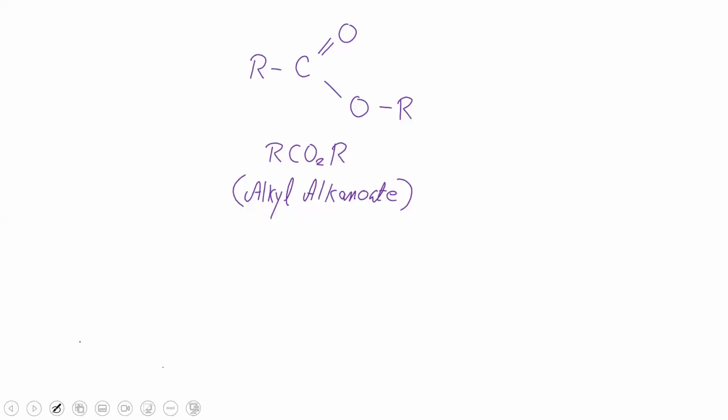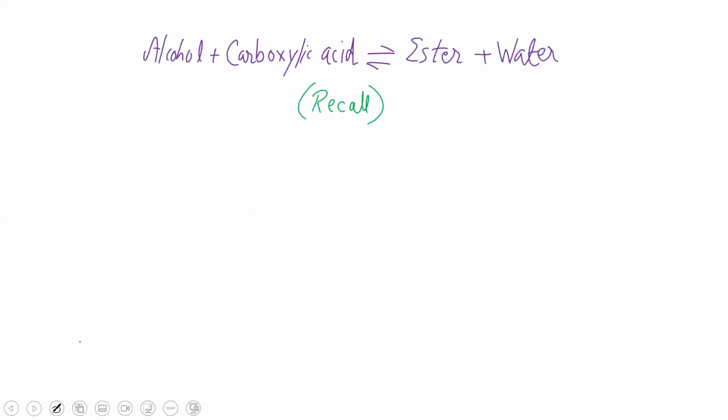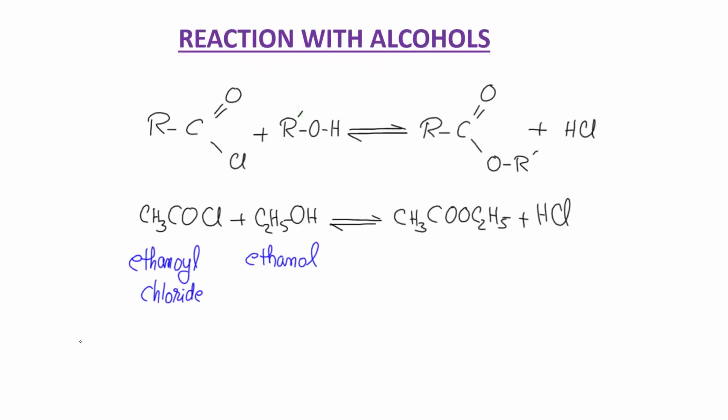Now, what is esterification? We have discussed it at least 2 times in our previous sessions, that esters are alkyl alkanoates. We know them very well. How are alkyl alkanoates formed? Look, the reaction: alcohol plus carboxylic acid gives you ester plus water. This is our memory.